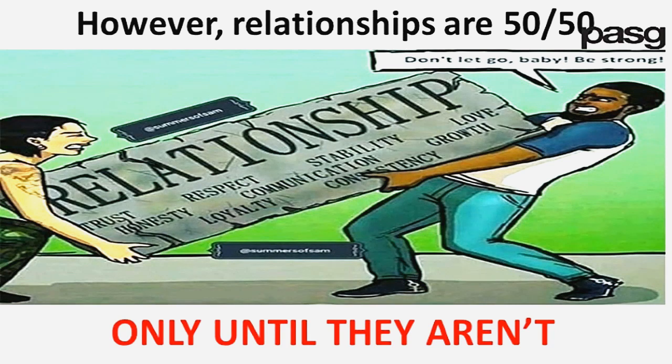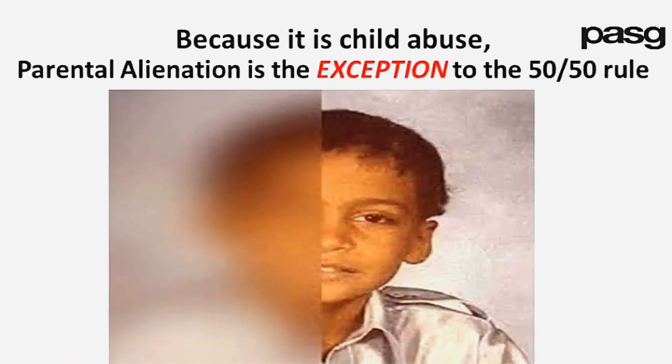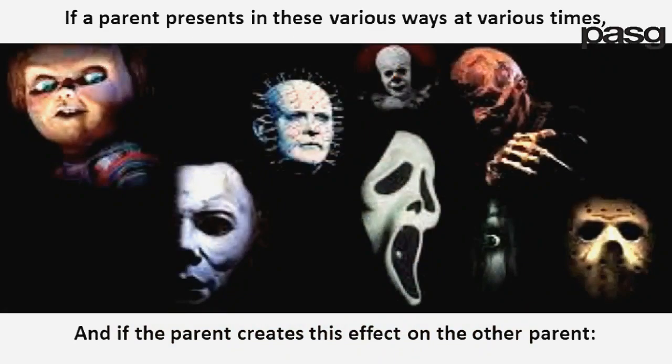Every clinical situation has an exception to the rule. And therapists who say they practice family therapies do not pay attention that alienation is an exception to the rule. Because it's child abuse, alienation is the exception to the 50-50 rule. When one parent behaves like this and makes the other parent behave like this, it is not a 50-50 relationship.